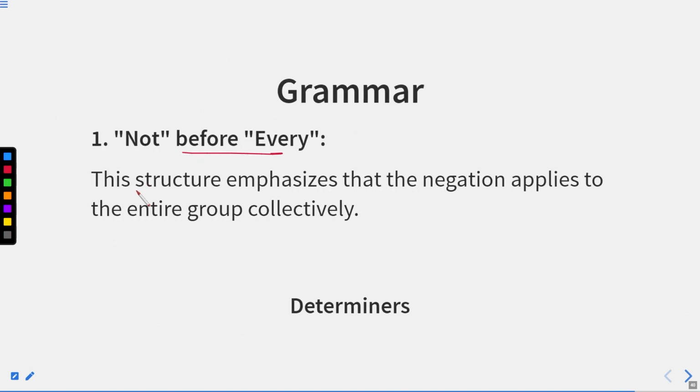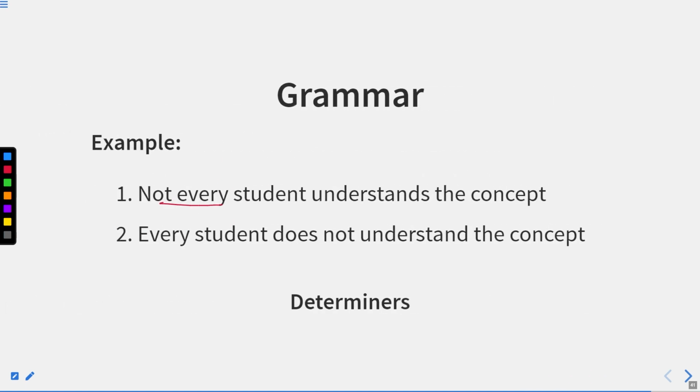Not before every. This structure emphasizes that the negation applies to the entire group collectively. How? If I say not every student understands the concept, it means it is possible that not every student is there who can understand the concept. Not every student understands.